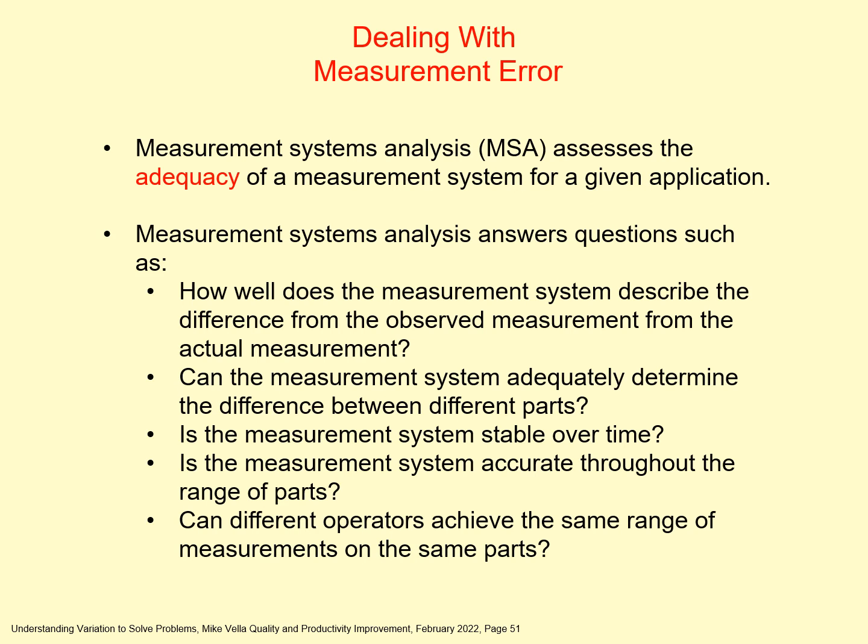And can different operators achieve the same range of measurements on the same part? So if you put up your operators, operator A, B, and C, and you give them standard parts to measure in exactly the same way, exactly in the same place, do they come up with the same measurement? That's what we call a study of measurement analysis, MSA, measurement systems analysis.